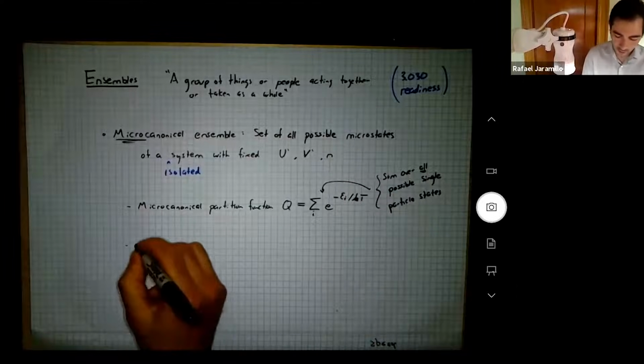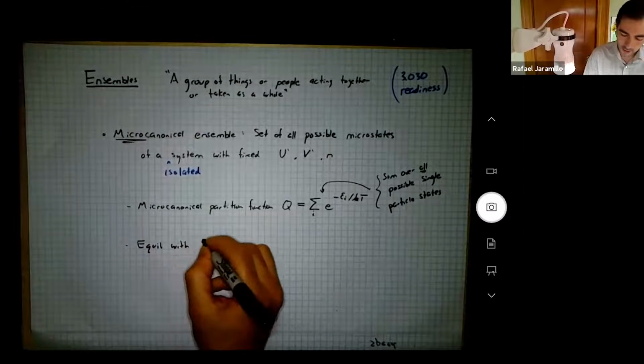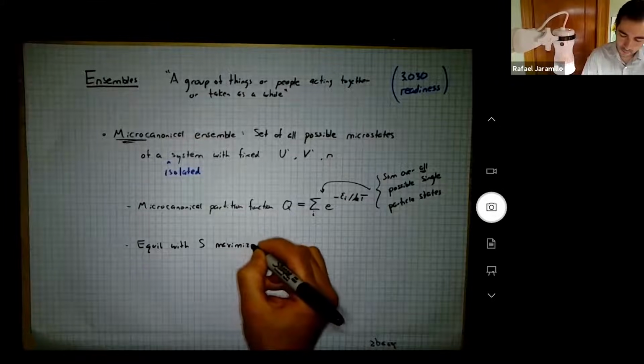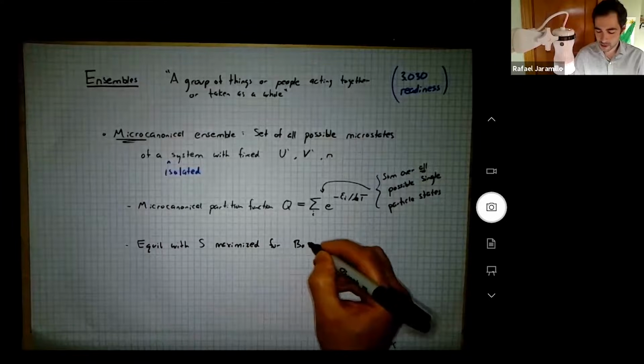And we know that we're at equilibrium with S maximized for the Boltzmann distribution.